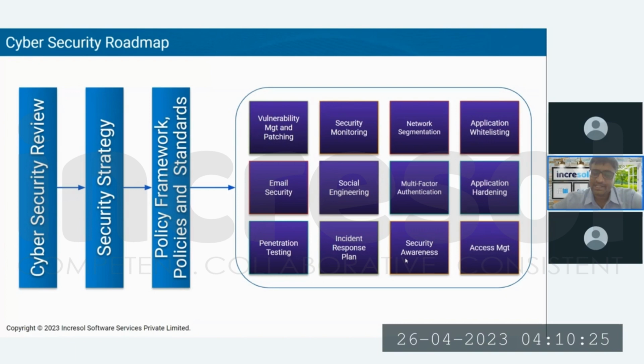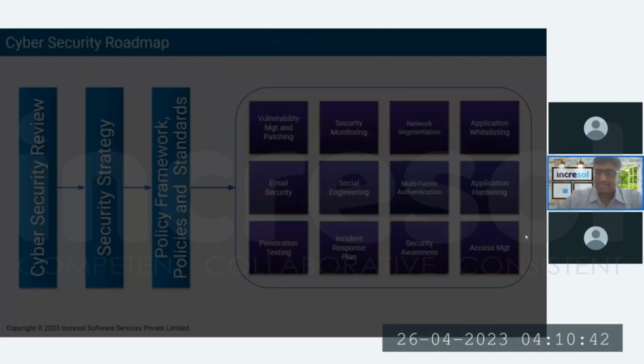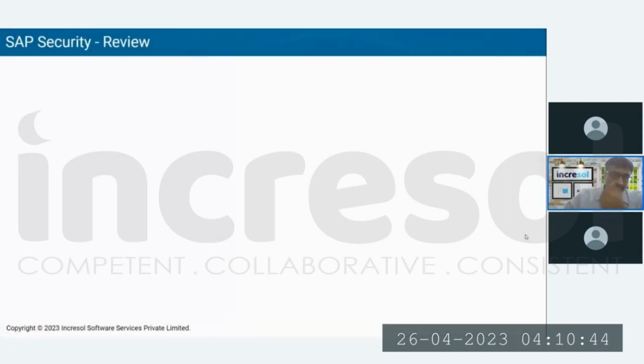That's predominantly happening nowadays, social engineering through phishing, or through pretending they are your employee and seeking information from some of your employees. And you also keep performing application whitelisting or the hardening activities. So the review process.